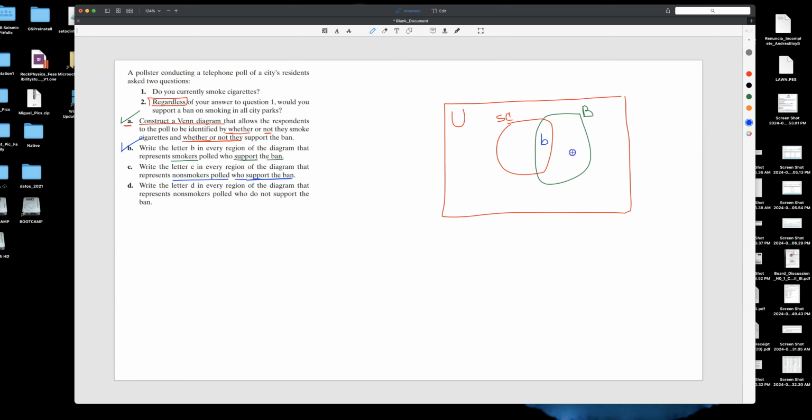So the letter C is going to be over here, and that answers this portion of the exercise.